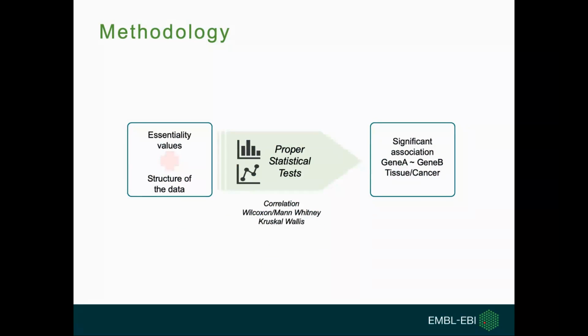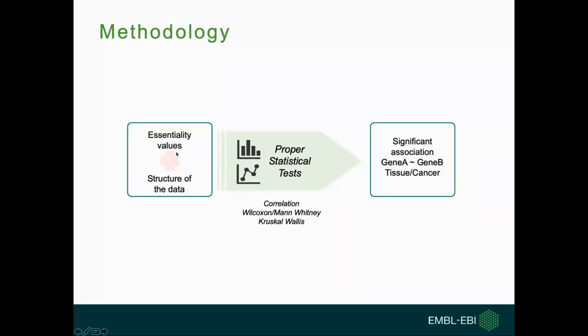So what was our methodology, our approach? We take the essentiality values again, and also the structure of the context data. When I say structure, for example, mutation data is discrete data because there's no continuity in there. It should be mutated or non-mutated. Expression data, for example, should be continuous because we have continuous expression levels.